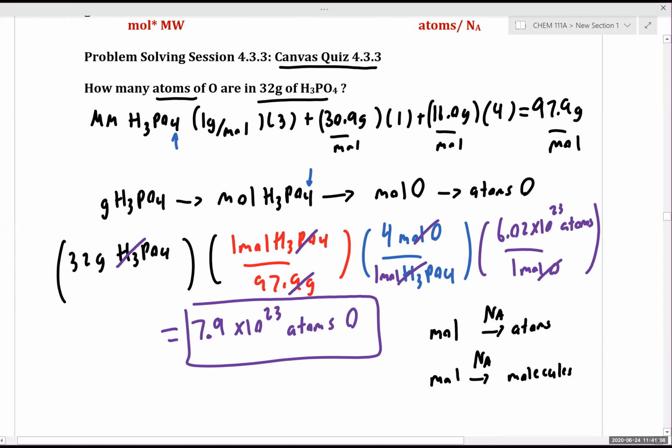Avogadro's number relates moles of particles to the total number of that particle. Did that answer your question? So Avogadro's number allows you to convert between atoms and moles.